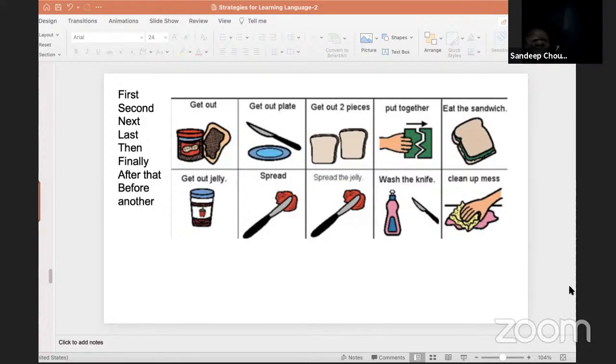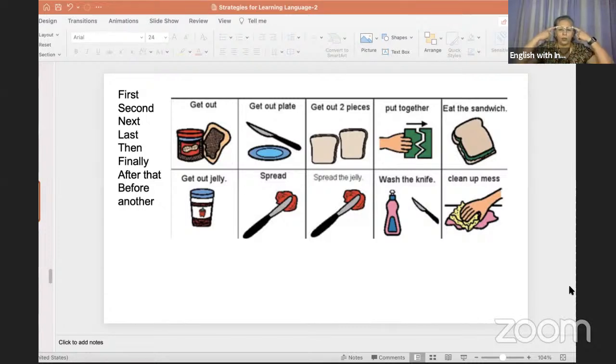So I want you to picturize when you are using the sequence. Make all those pictures in your mind of how you are making it, how you are doing that task, right? Then use those words in sequential order.